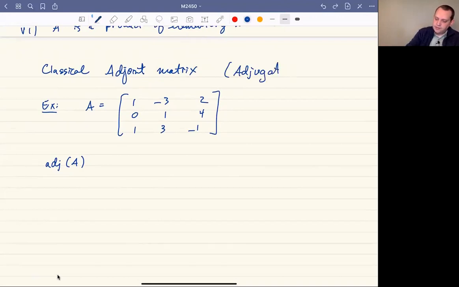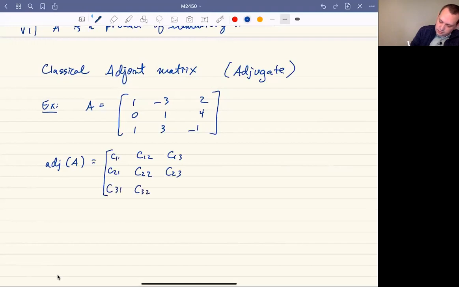What it is: you find all of the cofactors, C11, C12, C13, C21, C22, C23, and C31, C32, C33. That's your matrix of the cofactors. You take the transpose of that, and that gets you the classical adjoint matrix.